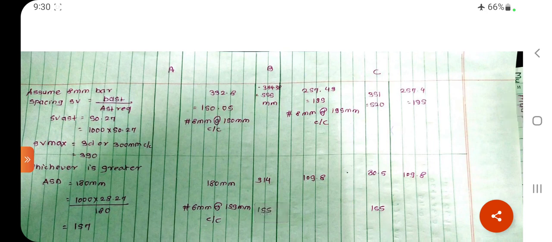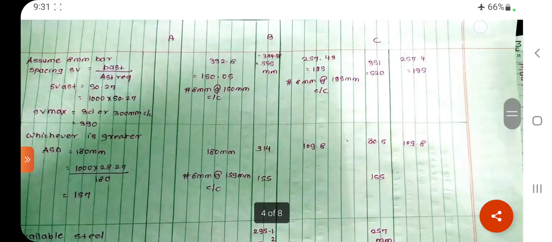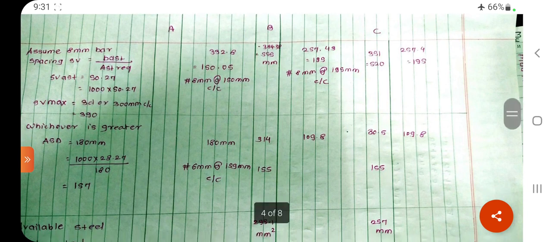Then we calculate the Sv maximum, that is the maximum spacing, which is equal to 3d or 300 mm, whichever is smaller.